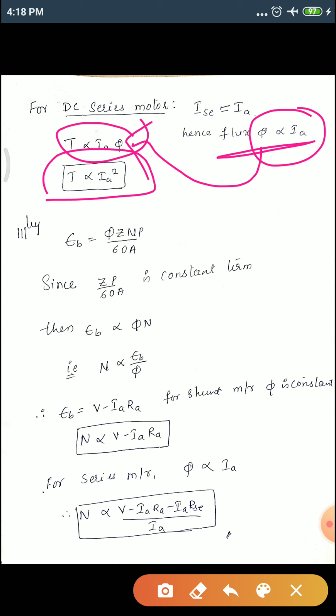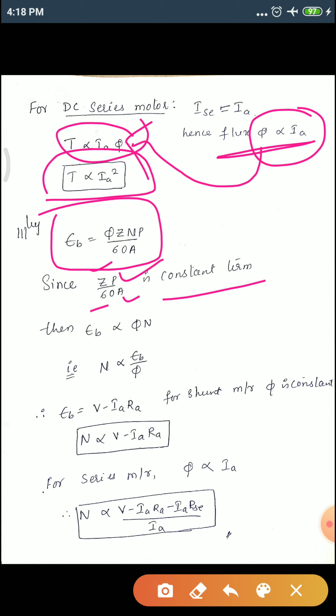And we'll see the relations for speed. Consider EB, the back EMF, that is phi ZNP by 60A. In this, Z is the number of conductors, A the parallel paths, and P the number of poles, and this is a constant term.